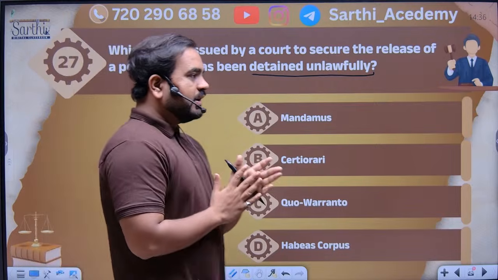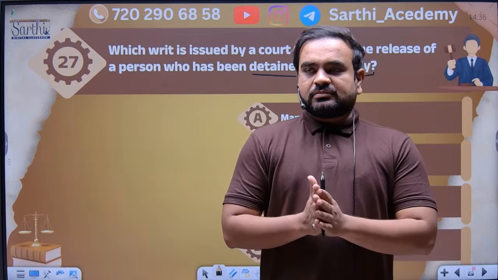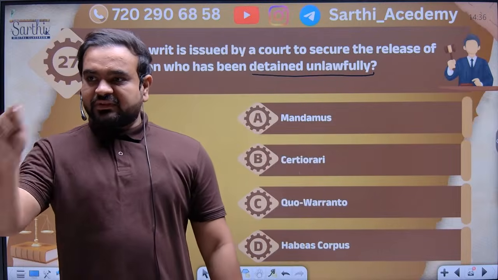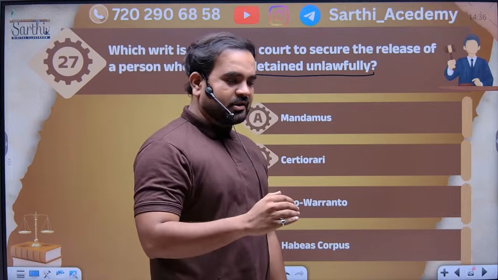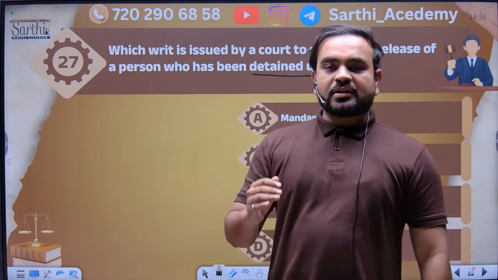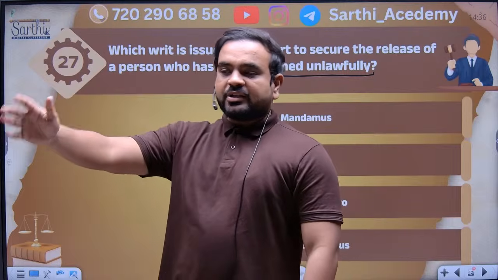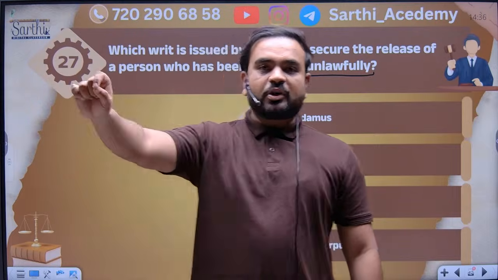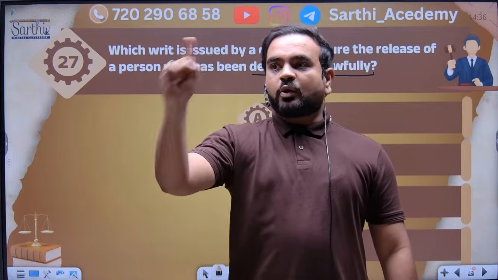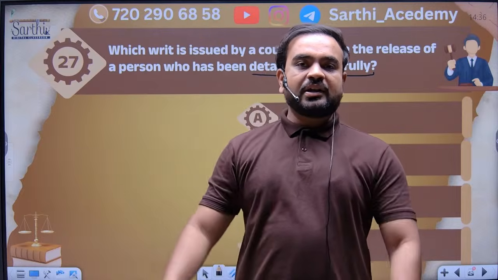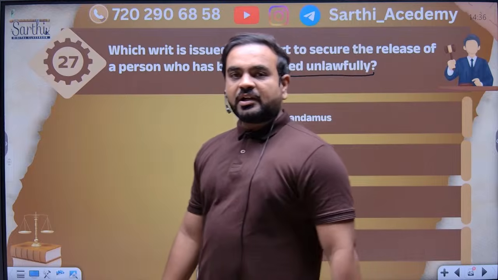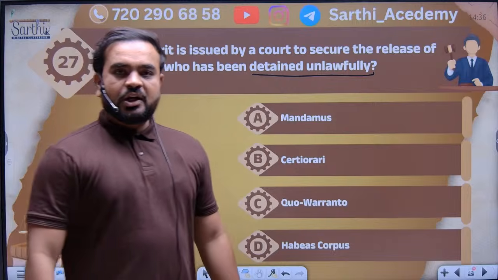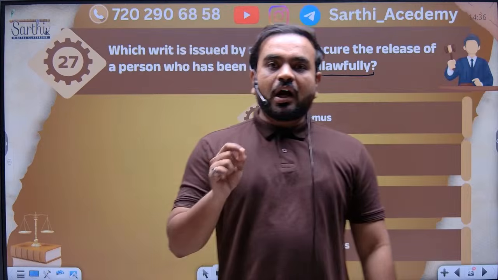Actually, there is one writ that says to have the body of, meaning produce that person, alive or dead, before us. The Supreme Court can pass an order to an authority: why have you convicted that particular person? Give us a reason for the conviction, and if you are not able to give the reason, please release that person, because you have arrested that person unlawfully.